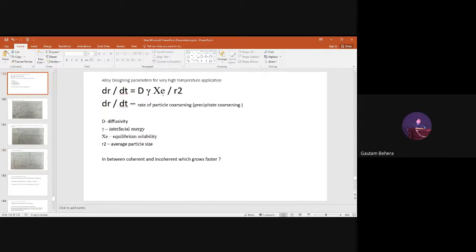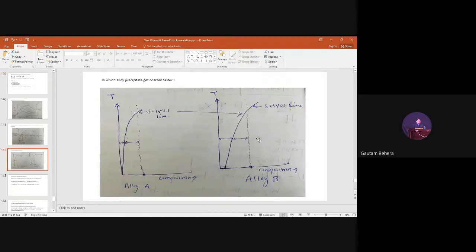Hint is this one: equilibrium solubility. And look at this one and this one.